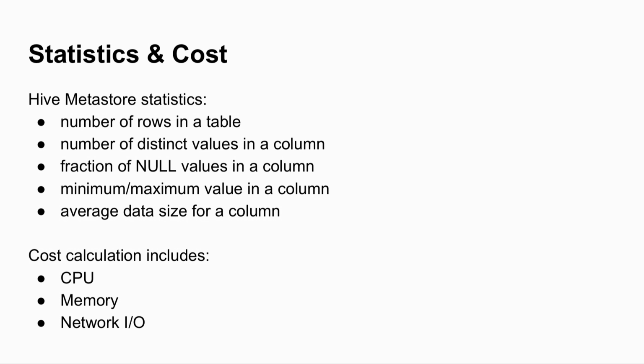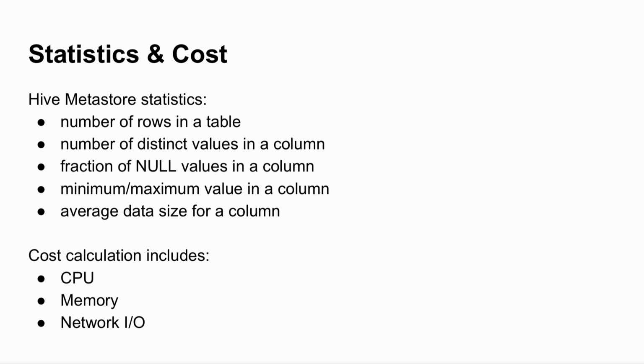This seems pretty basic, and obviously if you read database literature, commercial databases offer a ton of more complex statistics, but even these are pretty good to start with. They enable a bunch of optimizations, and they can result in a huge performance boost.